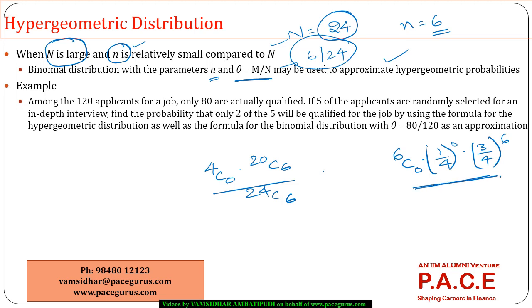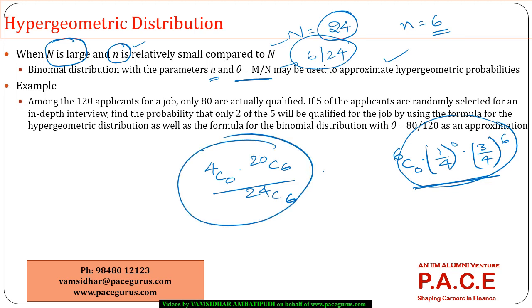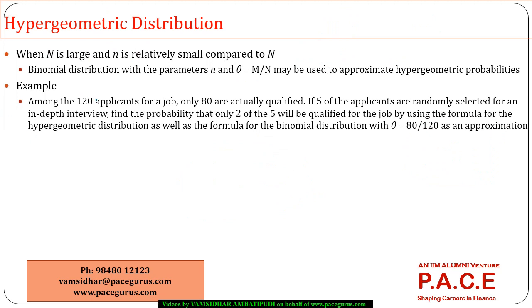So this is the binomial approximation to the hypergeometric for the same example, whereas this is the hypergeometric related probability. So if capital N is very large, small n is very small, these two probabilities should be more or less one and the same.